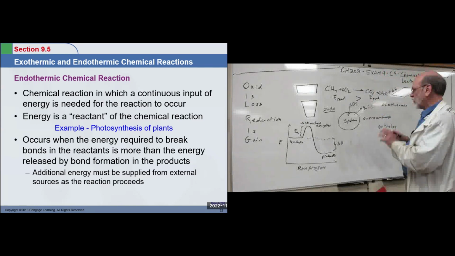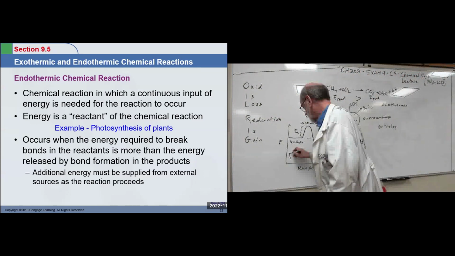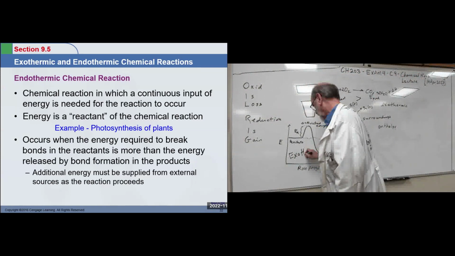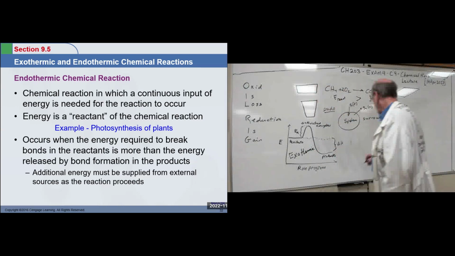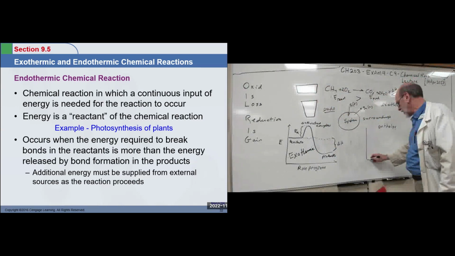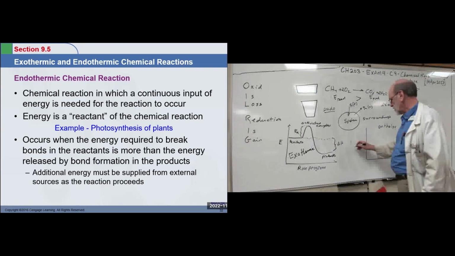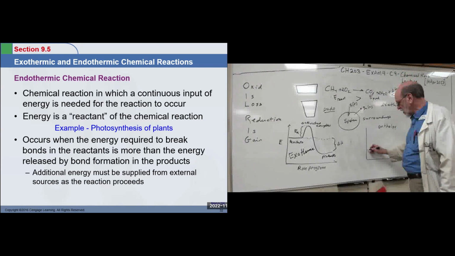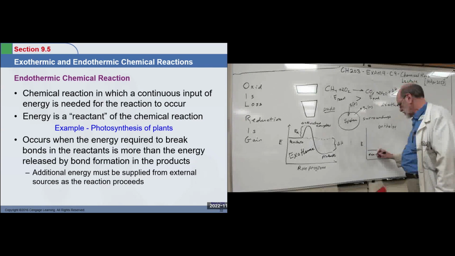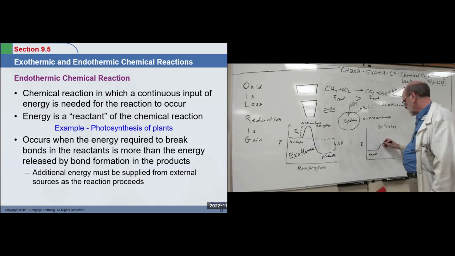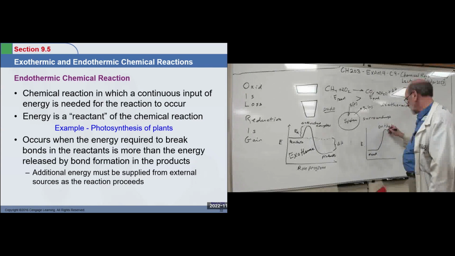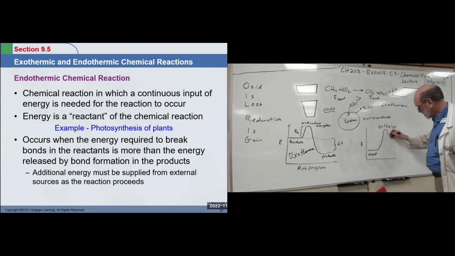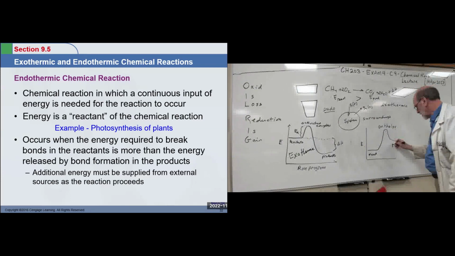If we draw a similar diagram for endothermic, this one was exothermic, I'll write endothermic in a minute. We actually start off with lower energy for the reactants, and we need a lot more activation energy because the products are going to be at a higher energy level.